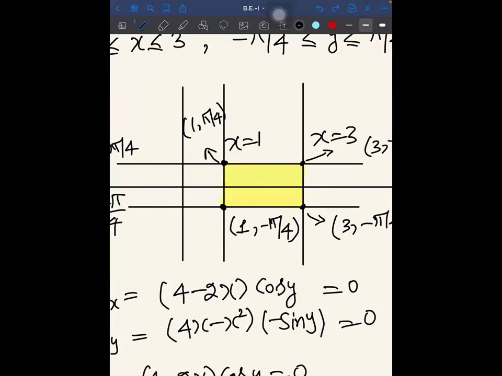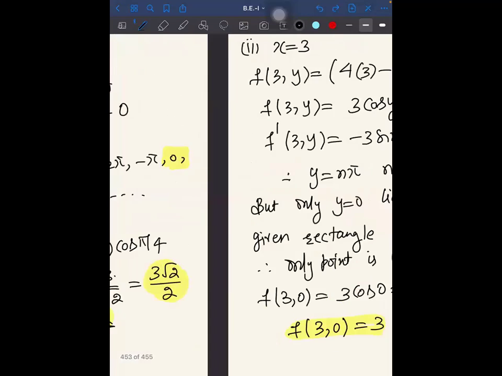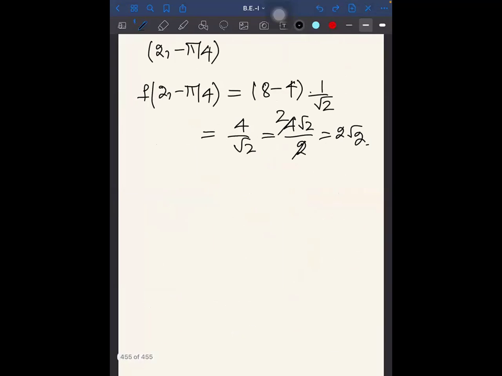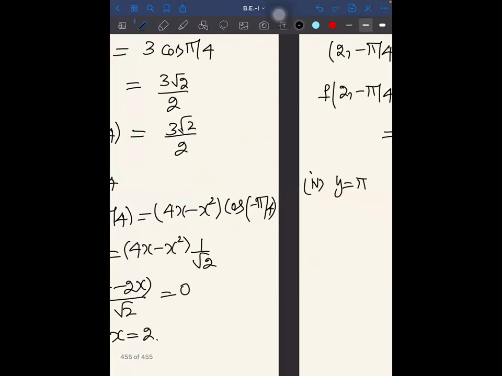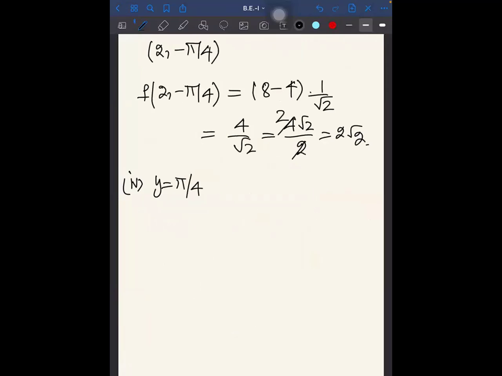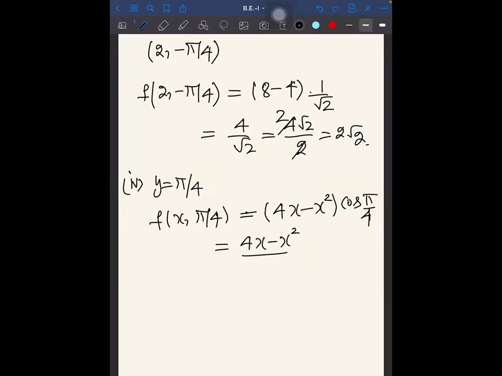Okay. So similarly, now you are left with the last boundary, that is y is equal to pi by 4. That makes your function f of (x, pi by 4). So you keep x same and put y to be pi by 4. So this is your (4x minus x square) by root 2. Now again you calculate f dash.